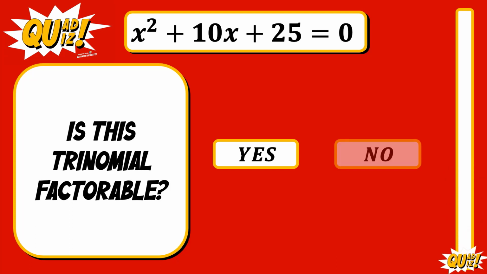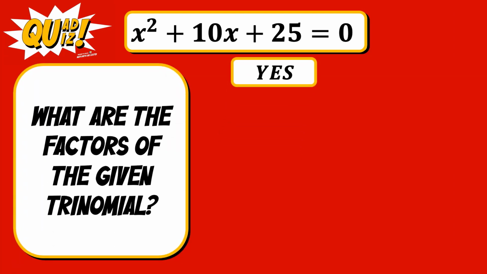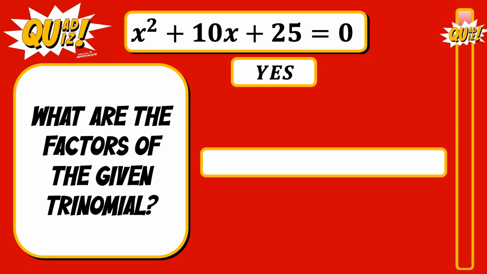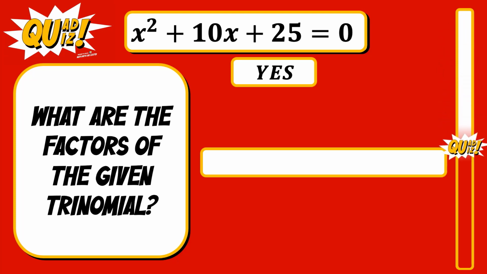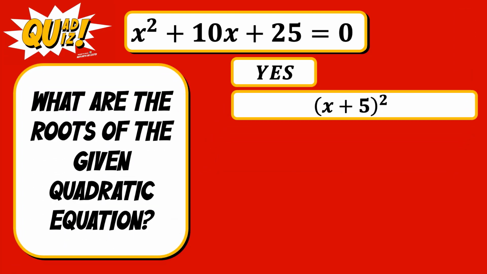And it's yes, this is factorable. And if that would be the case, what are the factors of the given trinomial? The factors are just x plus 5 and x plus 5, or there are 2 x plus 5.